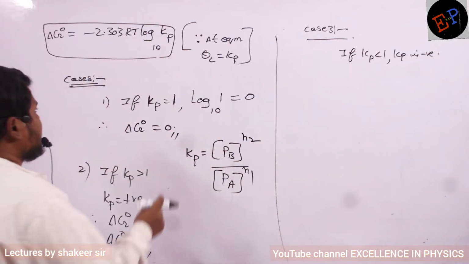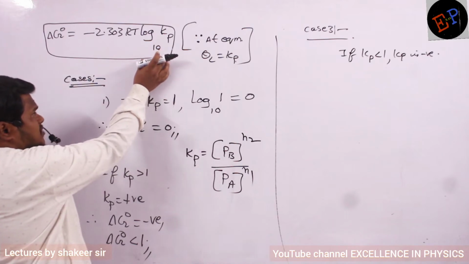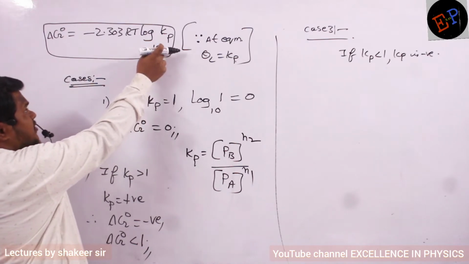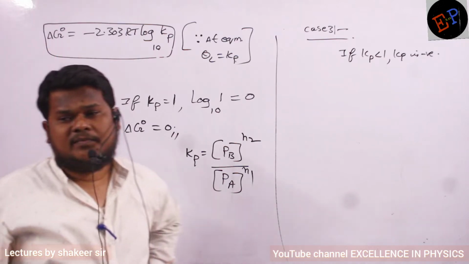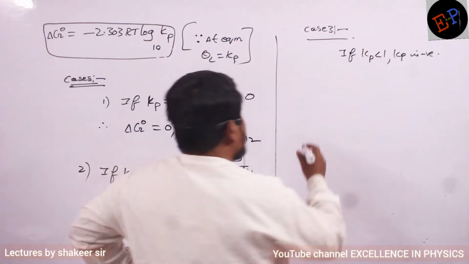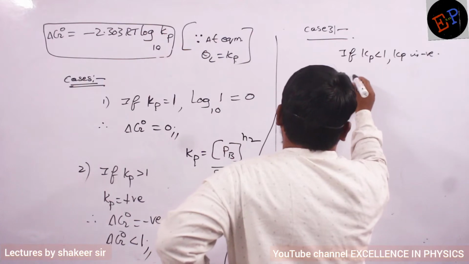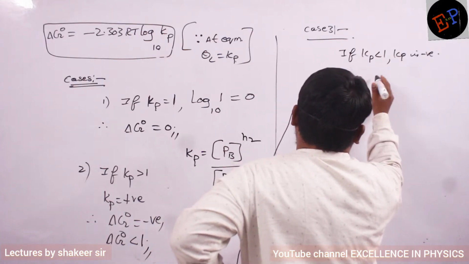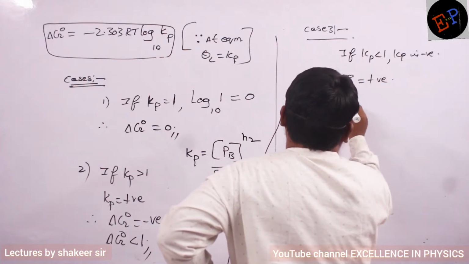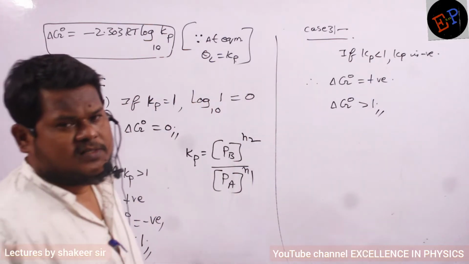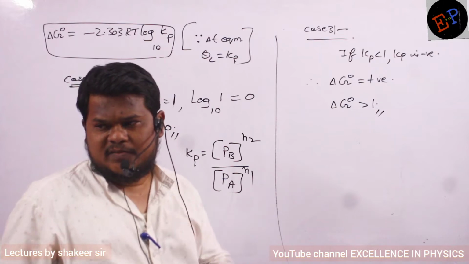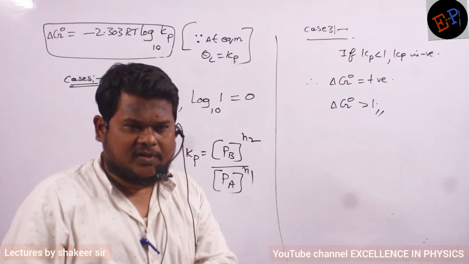See, log Kp to the base 10 also will become negative, no? Negative multiplied by negative? Positive. So standard Gibbs free energy will become positive. Therefore I can say standard Gibbs free energy is positive, or you can say it is greater than 1. So these are some of the conditions which we have to remember in terms of standard Gibbs free energy. Are you able to understand?